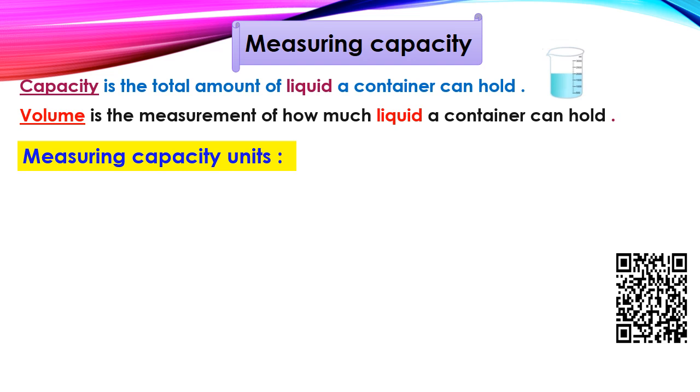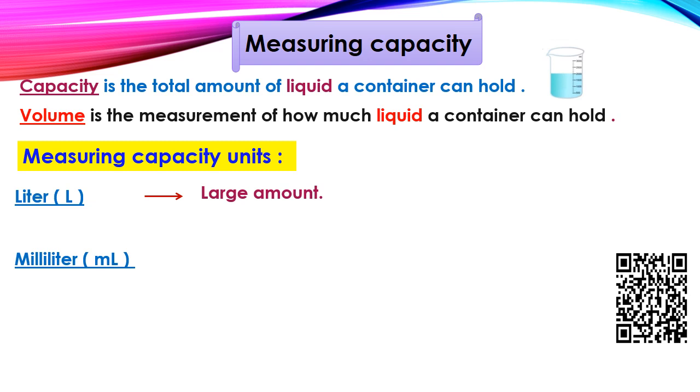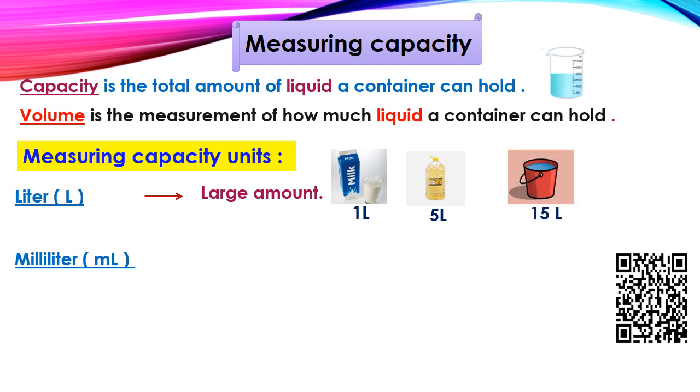We have two units, okay? Liter and milliliter. Liter is a simple L, and milliliter is a simple ml. We use liter to measure a large amount. For example, a carton of milk, a bottle of oil, a bucket of water, okay?